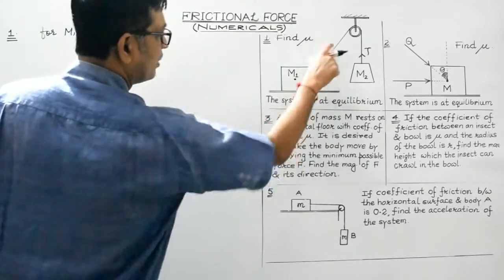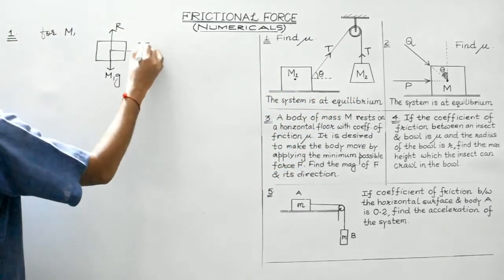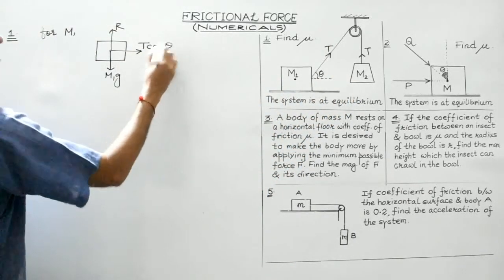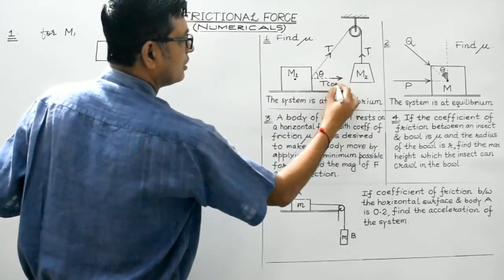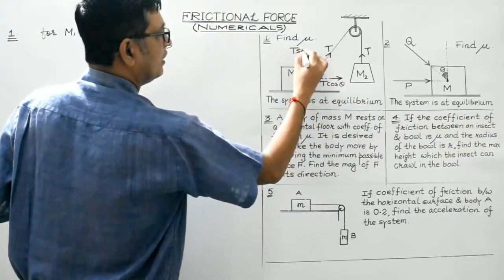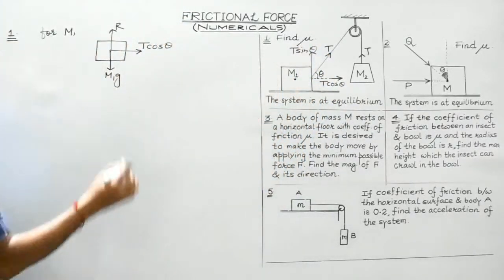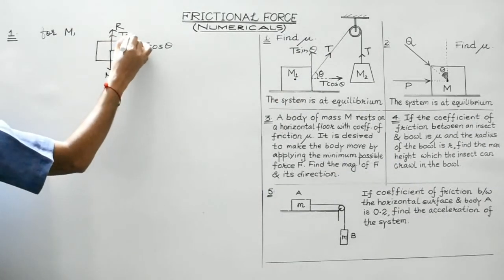So this T can be resolved into 2 components. Along the horizontal, it will be T cos theta, isn't it? While in the vertical direction this component would be T sin theta. So let us represent it over here. So this component is T sin theta.